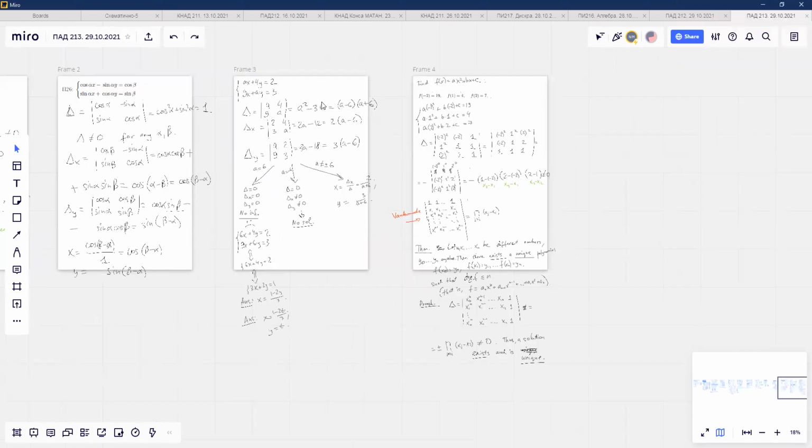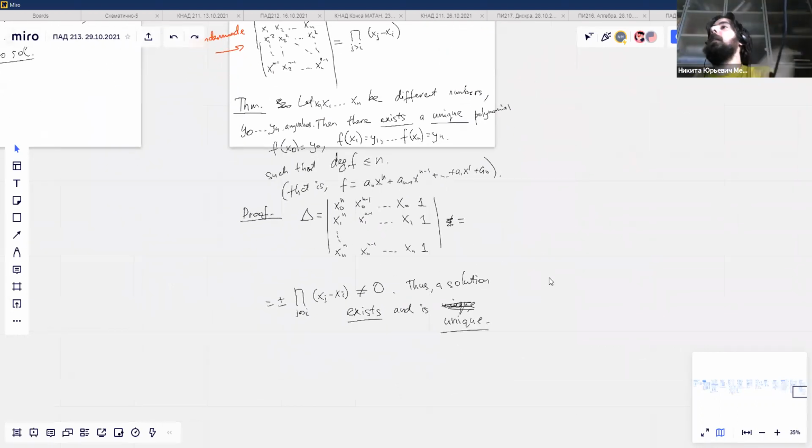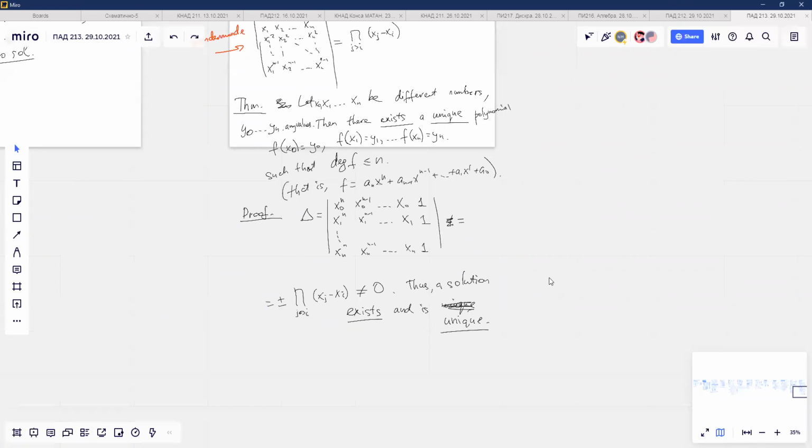But how can we actually use this theorem in practice? You can't use it practically, but it gives you a direction. When you know that this kind of problem is solvable, then you know that it makes sense to try to do it. So we can check whether this system of equations has a solution.